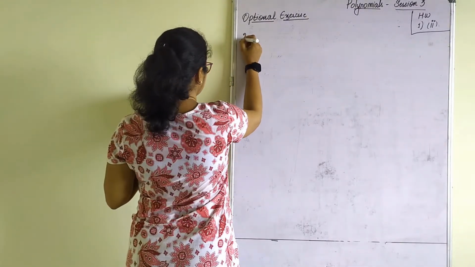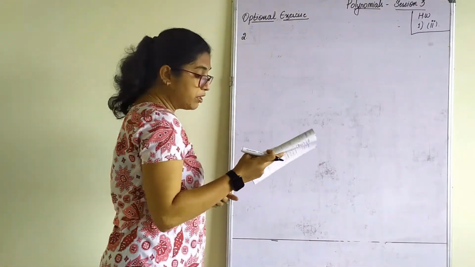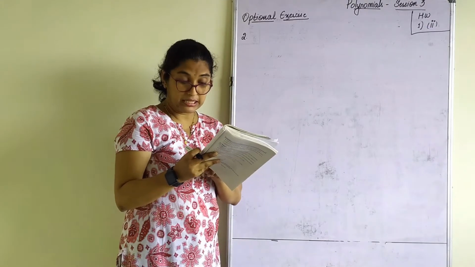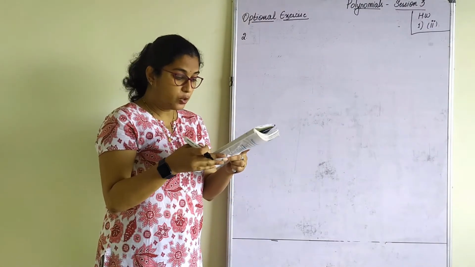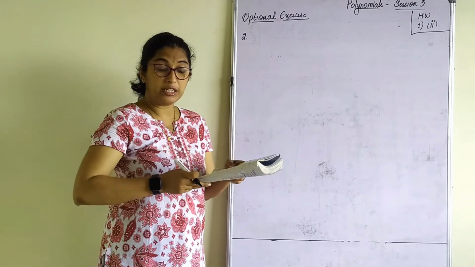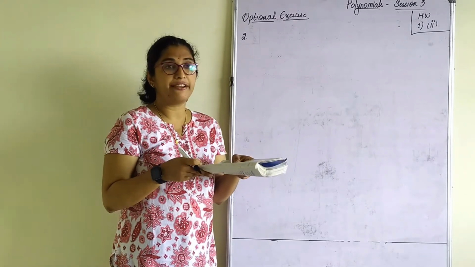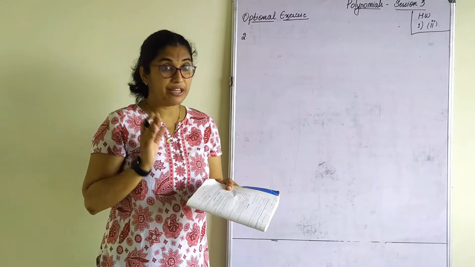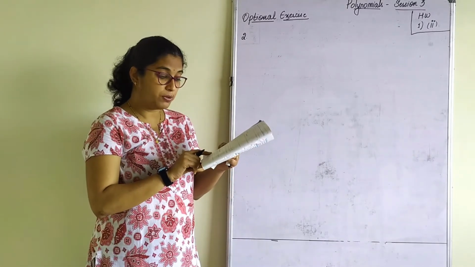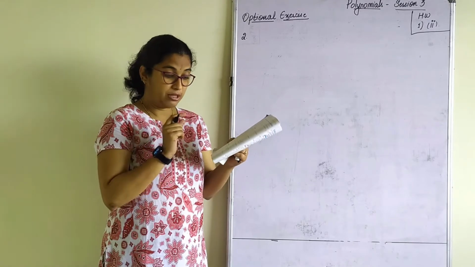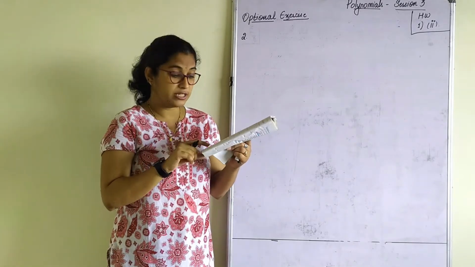Second one, find the cubic polynomial with the sum of the product of its zeros taken 2 at a time and product of its zeros as 2, minus 7 and 14. Understand the question very clearly. Try to understand what is given. They have given: find a cubic polynomial with the sum. That means the first one is the sum of the zeros.